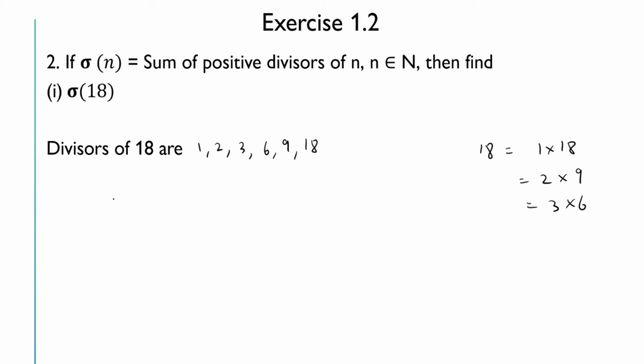So sigma of 18 is the sum of all these numbers: 1 plus 2 plus 3 plus 6 plus 9 plus 18. So this is equal to 39.